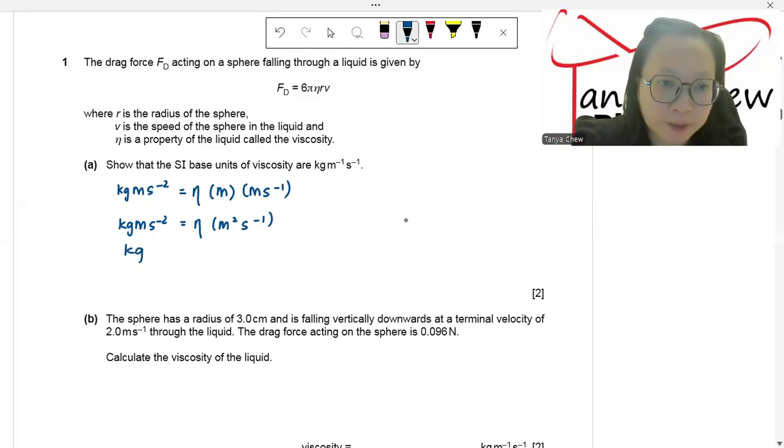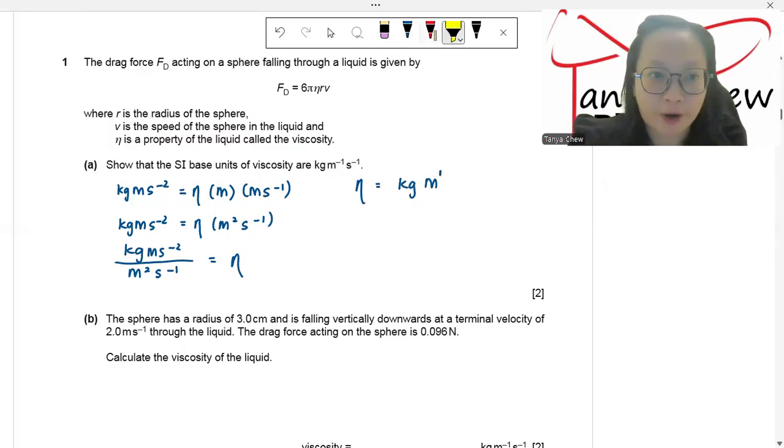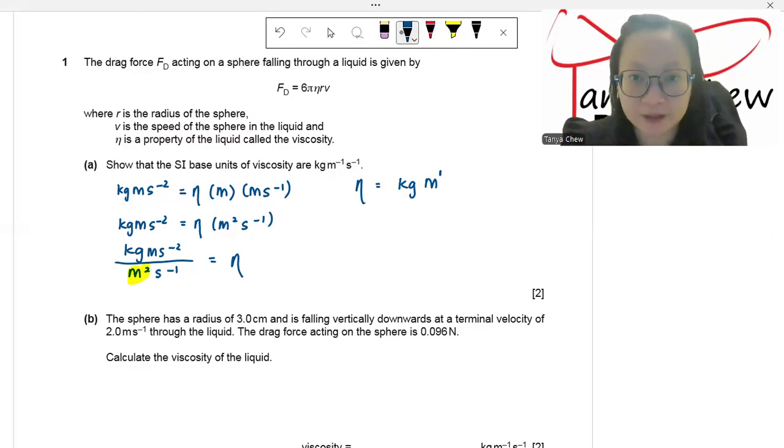Now I have kilogram meter per second square divided by meter square per second, which is equal to eta. Eta is equal to kilogram, meter to the power of 1, and this meter square per meter square, I have to shift it up. When I shift it, the power of 2 becomes negative 2.